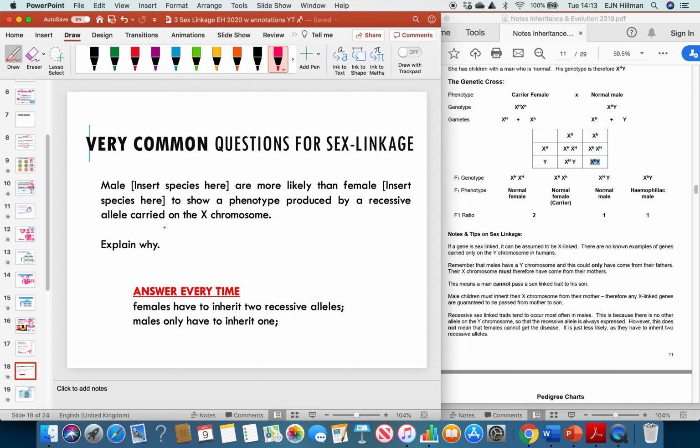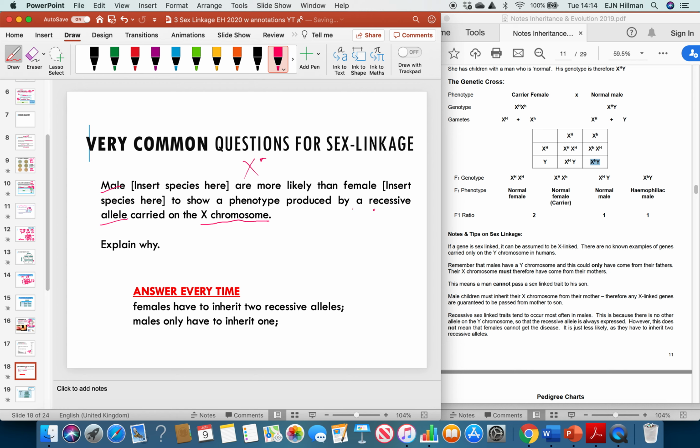In the stem of the question, we know it's an allele on the X chromosome. If the male is more likely, we can assume therefore that the allele for that condition is recessive. It tells us it's recessive there as well.